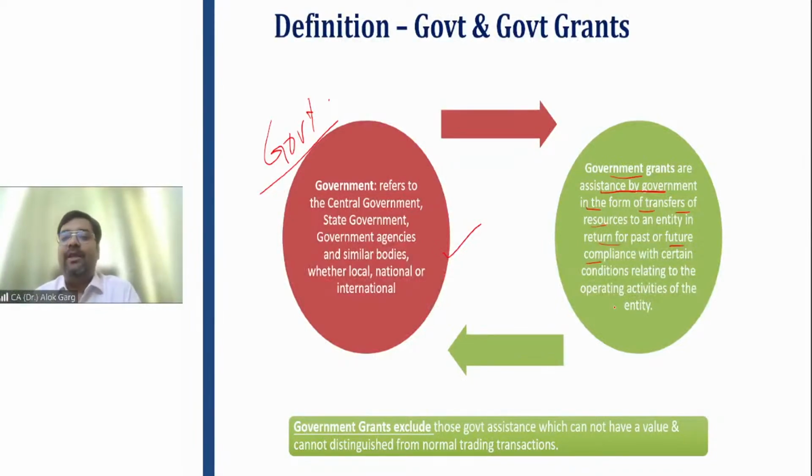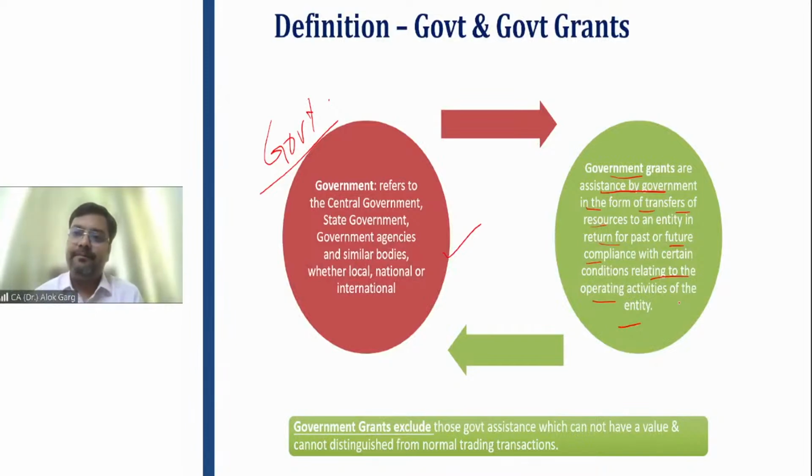The resources could be in the form of asset, or the government is providing an interest-free loan, right? So why is government transferring the resources to the entity? In return for past or future compliances, with certain conditions relating to the operating activities of the entity.